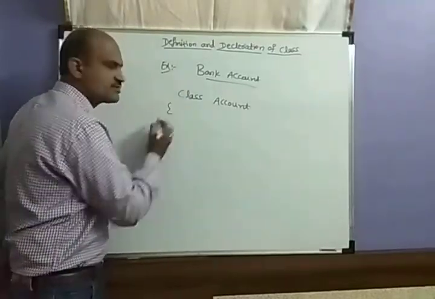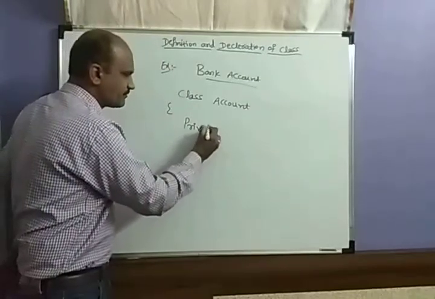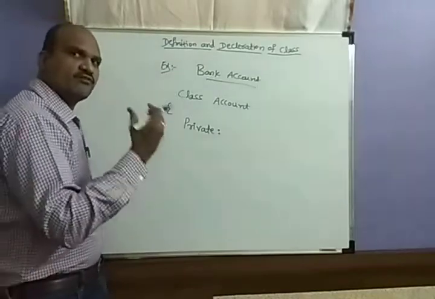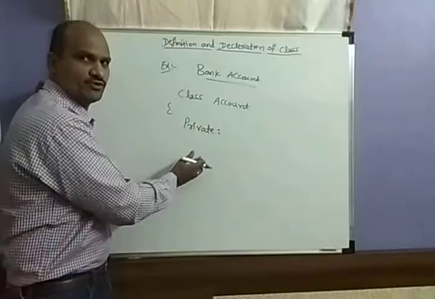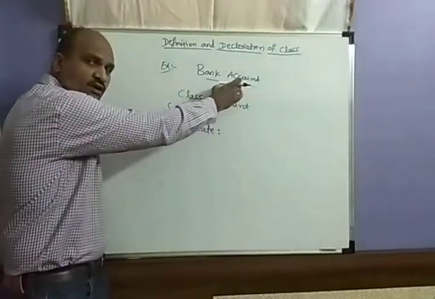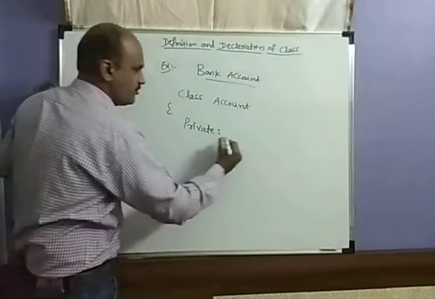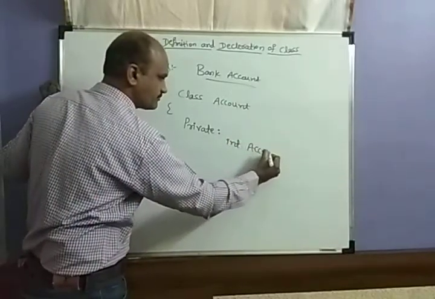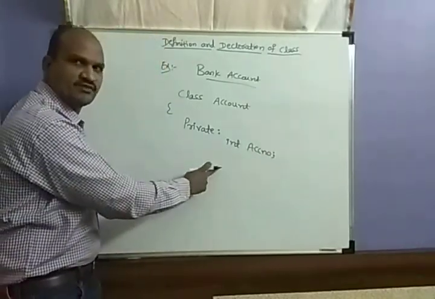Then open brace. As I told you, there is private with a colon, and in the private you should define the different member data, that is, the variables. So for the bank account, what are the variables? First one, account number. Account number is an integer type, that is a number.